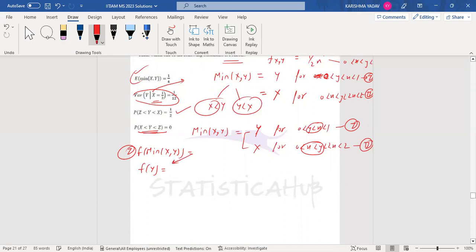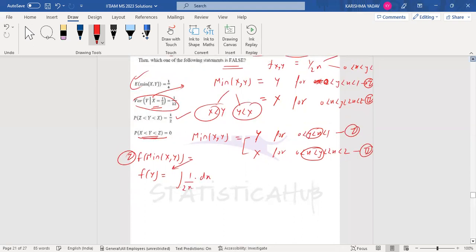Okay, what is the distribution of f of y? So f of y, as y is lying in the first region, is 0 to... for finding the distribution function of y, we have to put the dependent limit of x. Okay, 1 upon 2x. So we got f of x comma y, that is the joint distribution of x comma y, is 1 by 2x for these both limits.